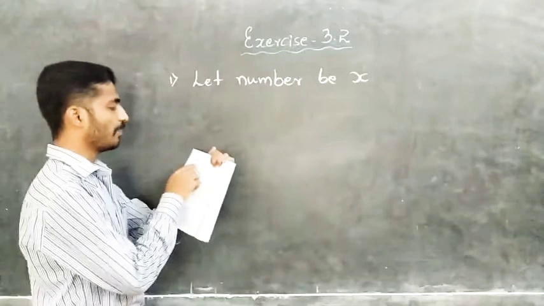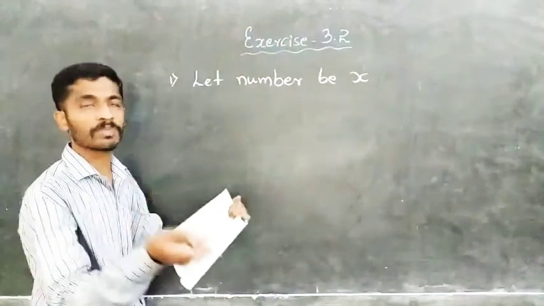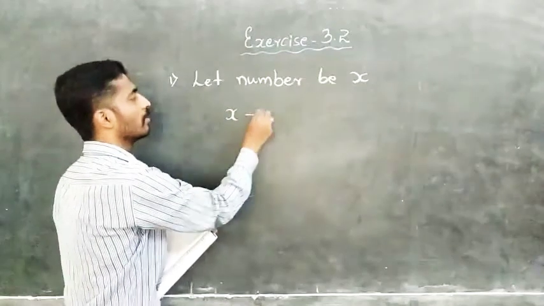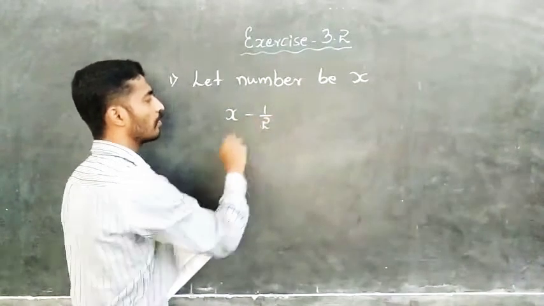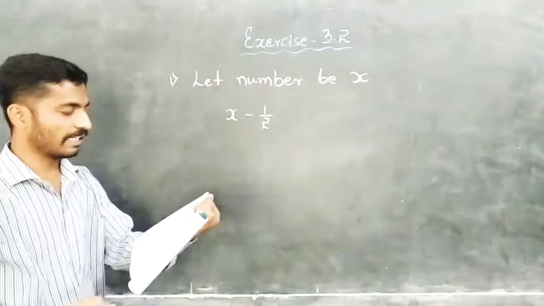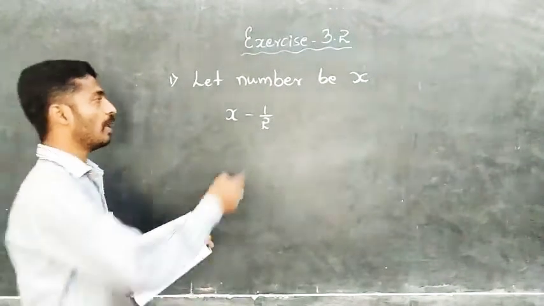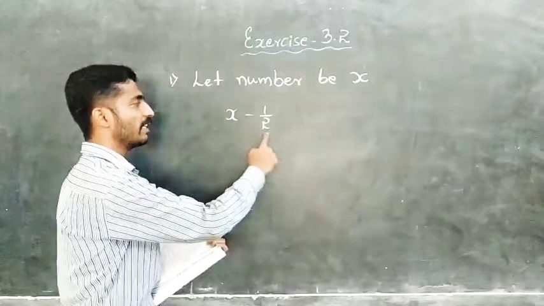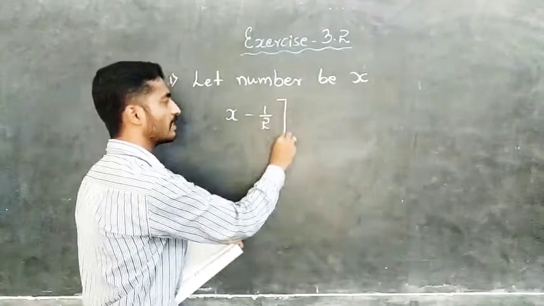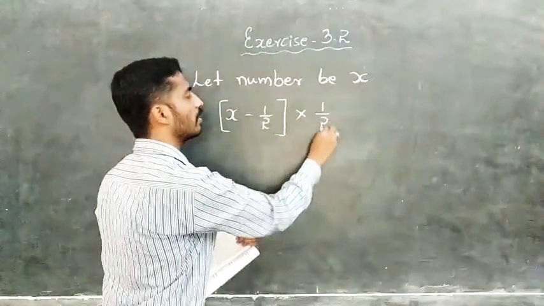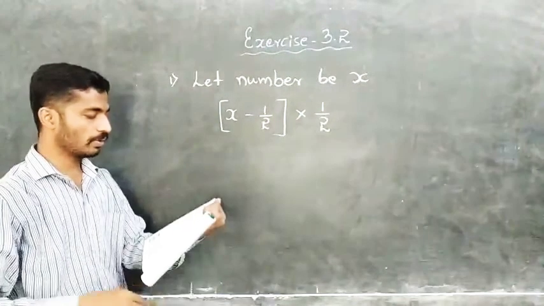What is the first condition? They gave: if you subtract 1 by 2 from the number, so from the x, I will subtract 1 by 2. And multiply the result by 1 by 2. Whatever result you get here, you have to multiply by 1 by 2 again.